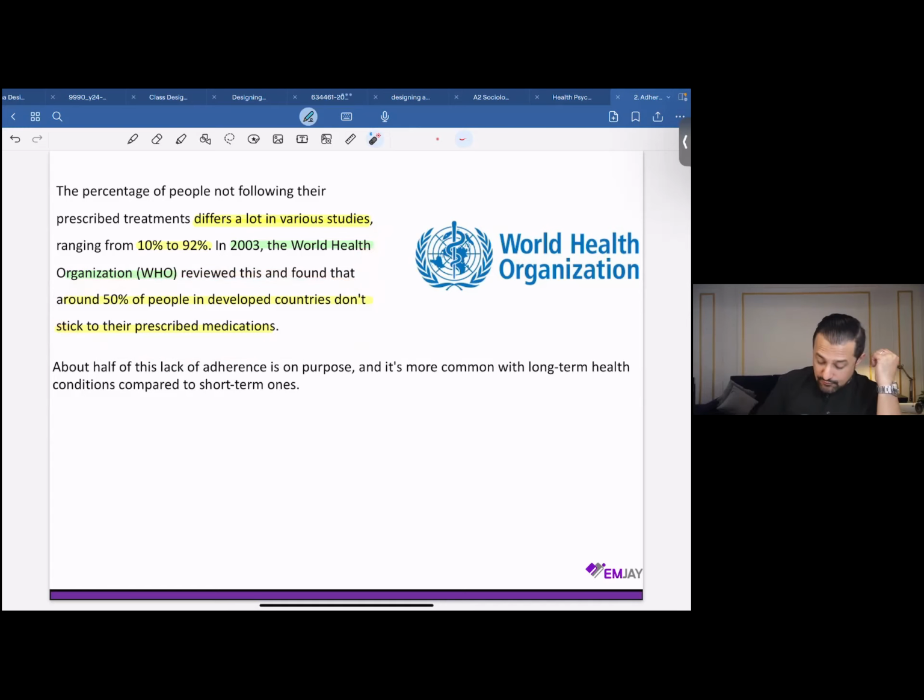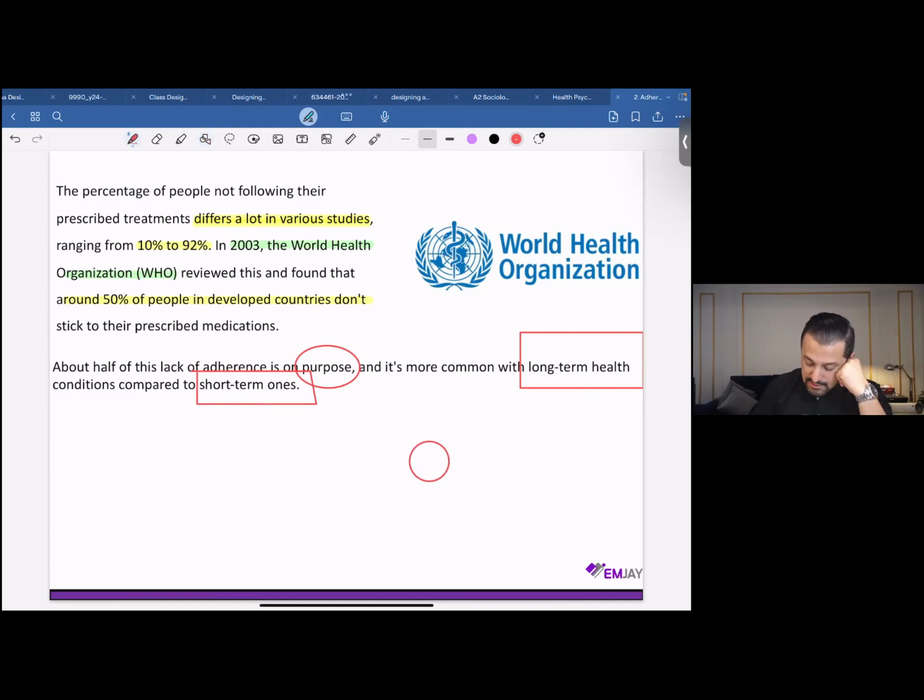Now, about half of this lack of adherence is on purpose, when you're doing it deliberately, and it is more common with long-term health conditions compared to short-term ones. So, if we talk about a comparison between long-term medical illnesses and short-term medical illnesses, the non-adherence is higher for long-term illnesses.